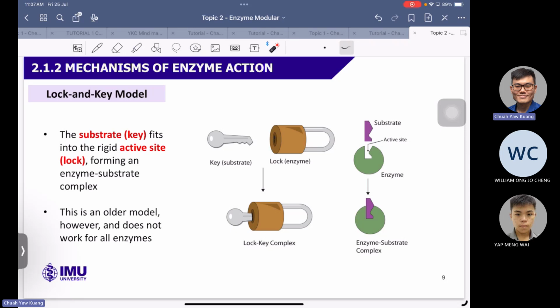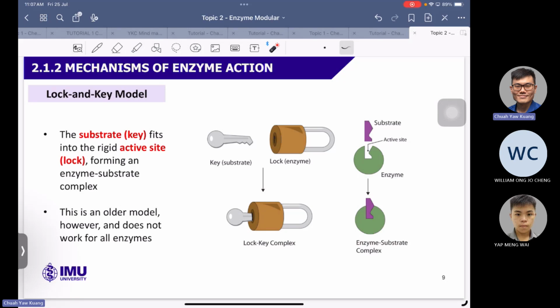So the lock and key model will fail to explain this. How can one enzyme bind to two different substrates, one fatty acid and one amide? Definitely there is some arrangement or modification in the enzyme.